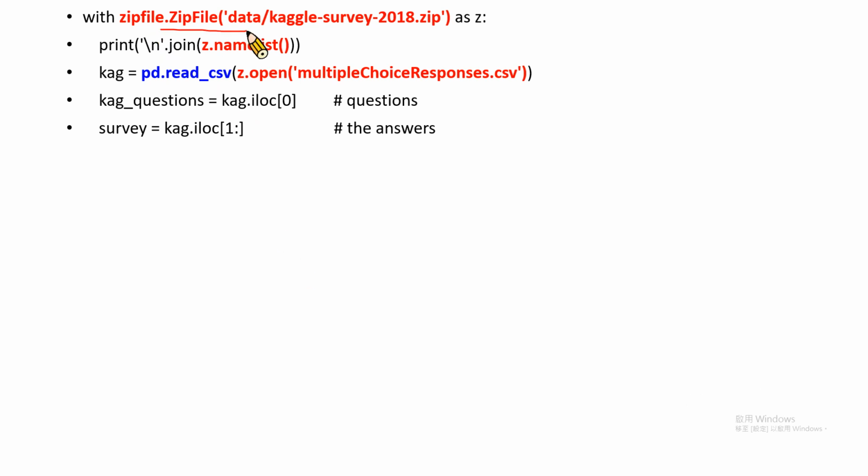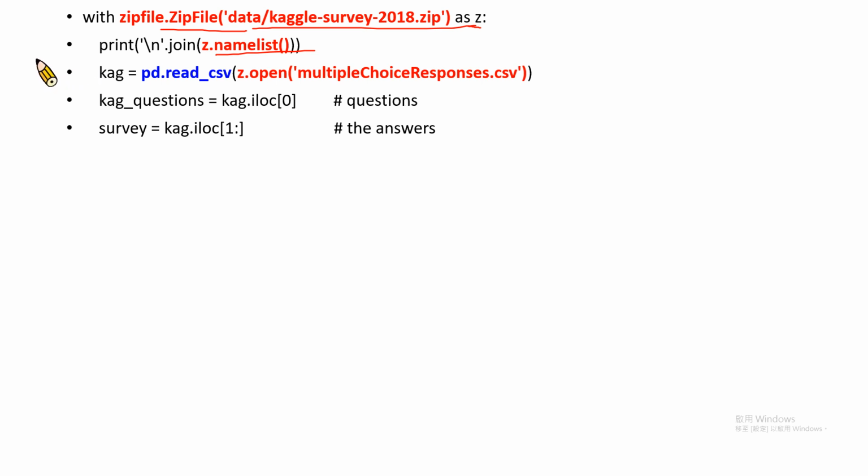First, we create the ZipFile object, and we use the example file as input, and it will return a file-like object, or ZipFile object. And we use the namelist function to print out the file names in the zip file.